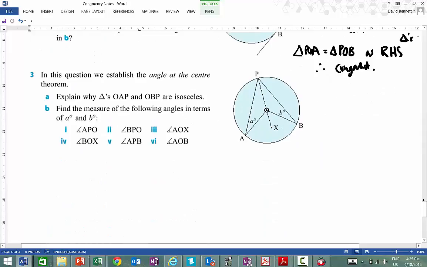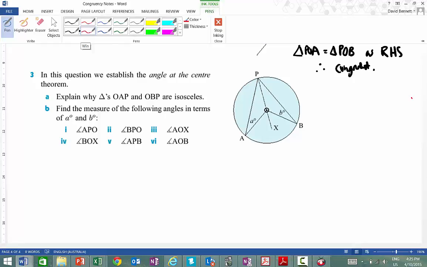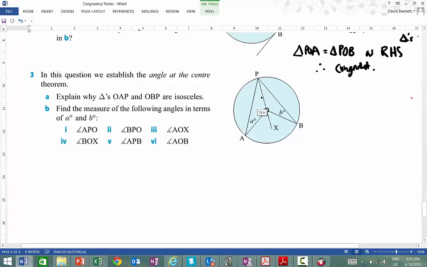Going down to the third one. In this question, we establish the angle at the centre of the circle theorem, explaining why triangles OPA and OPB must be isosceles. So again, if we're considering the same sort of things that we just talked about in the previous question, these are in fact isosceles triangles.